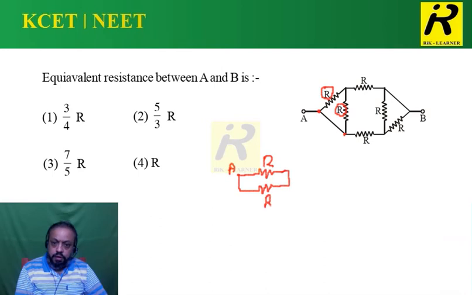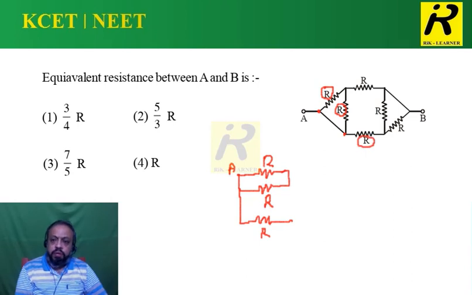Okay, so this is R. This is also R. And now think about this one, whose left end is connected to the same potential, which is at A. So that means one more resistor I should rewrite here. This is R, which is this part.